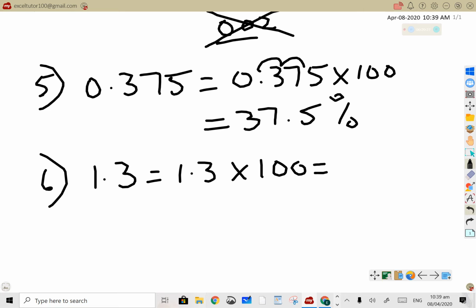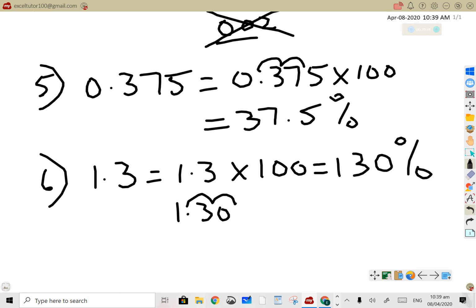Okay, so again, you have 1.3, you move your point 2 spaces, so this will be 130%. So this is possible to cross the 100%. So don't be worried if you have questions and you end up in situations like that. Okay, it is not something to worry about.